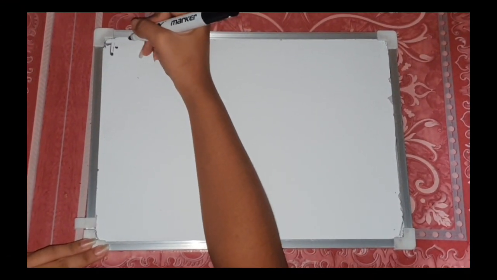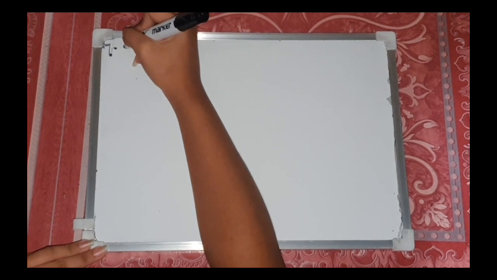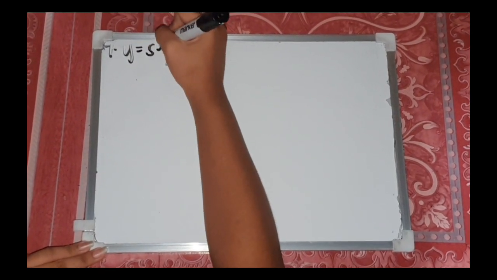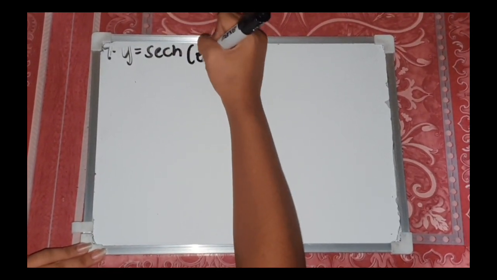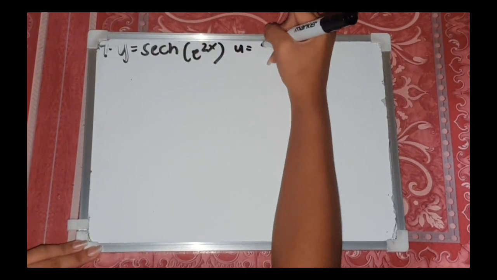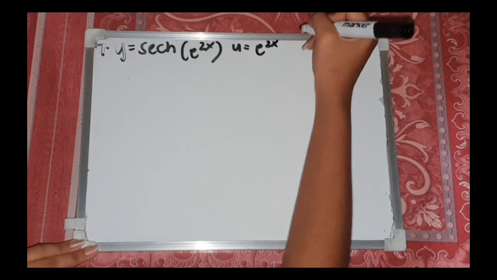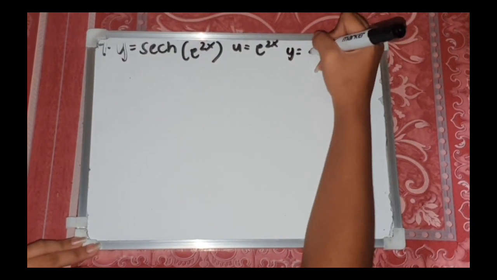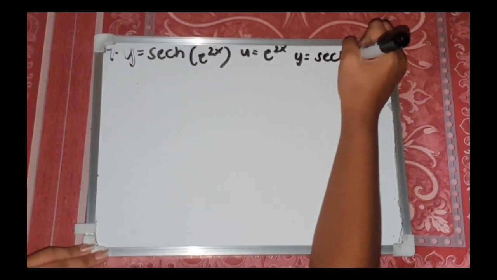Our seventh example is y is equal to hyperbolic secant of e to the power of 2x. Let u is equal to e to the power of 2x and y is equal to hyperbolic secant u.